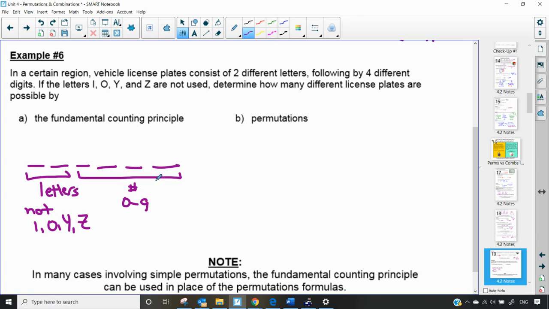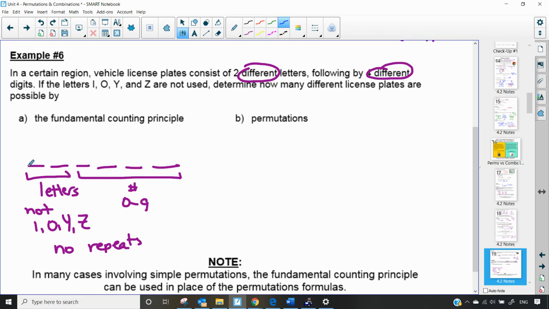Now, it doesn't say anything in there about repetition. However, it does say right here 2 different letters followed by 4 different numbers. So that means no repeats. So we've got all of our criteria written out.